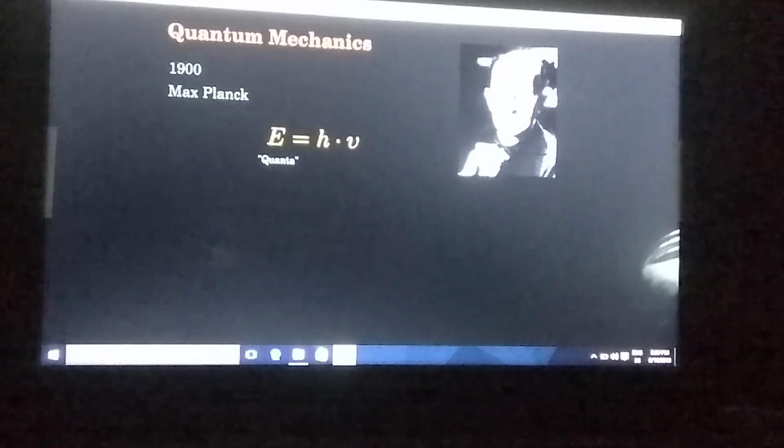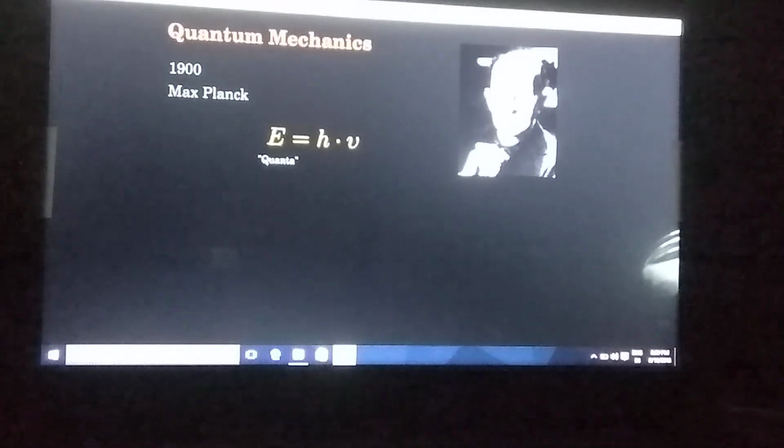Classical physics wouldn't allow it, but Max Planck, with his seminal ideas at that point in time, introduced the concept of energy packets, or the quanta.